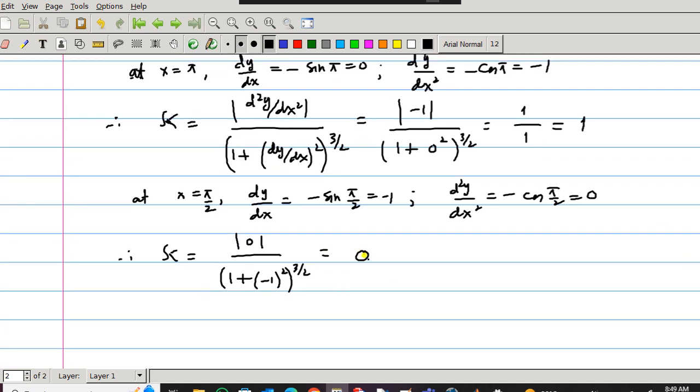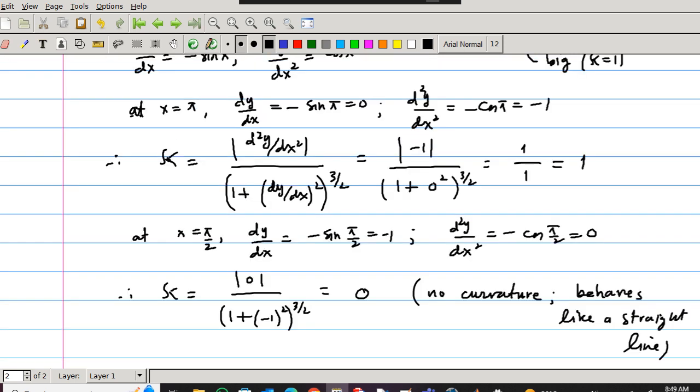If your curvature is 0, it means your curve has no curvature. It means it behaves like a straight line. Only straight lines have 0 curvature.